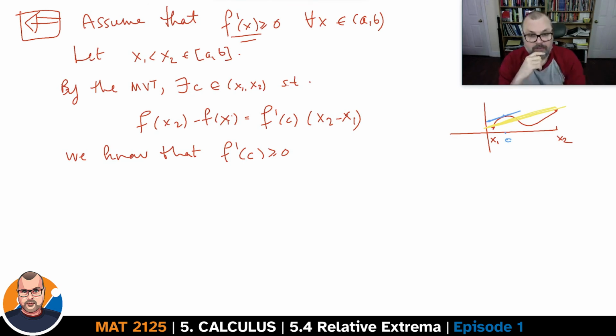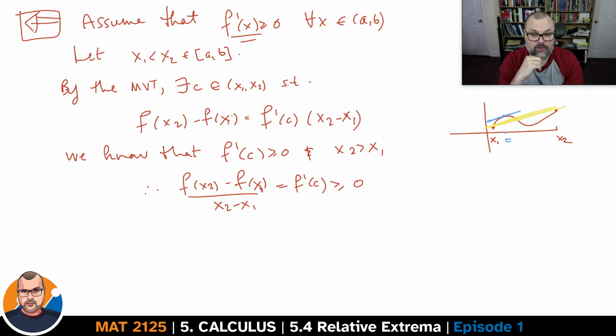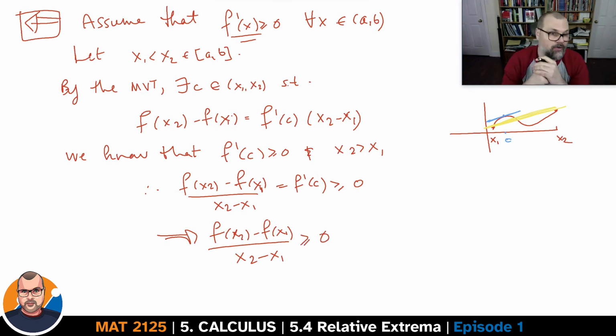We know x2 is greater than x1, and so f at x2 minus f at x1 divided by x2 minus x1 is equal to f prime at c, which is non-negative.